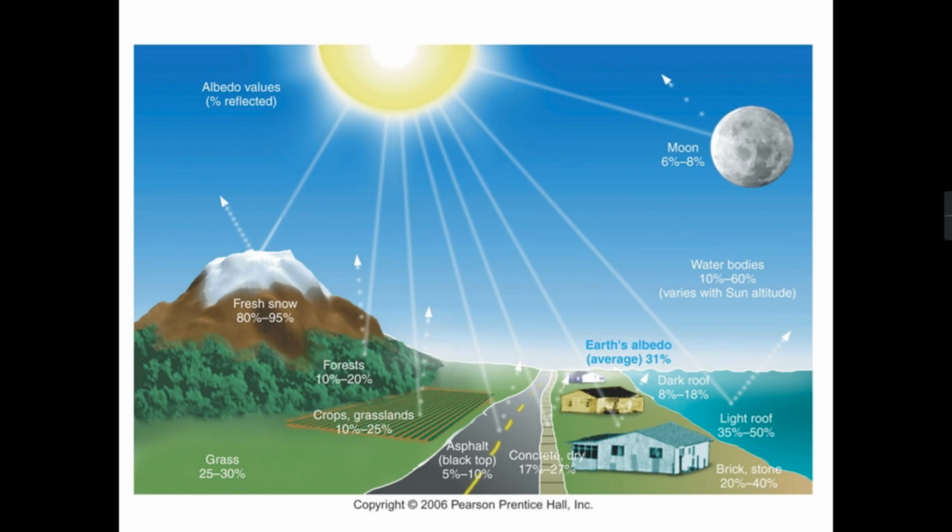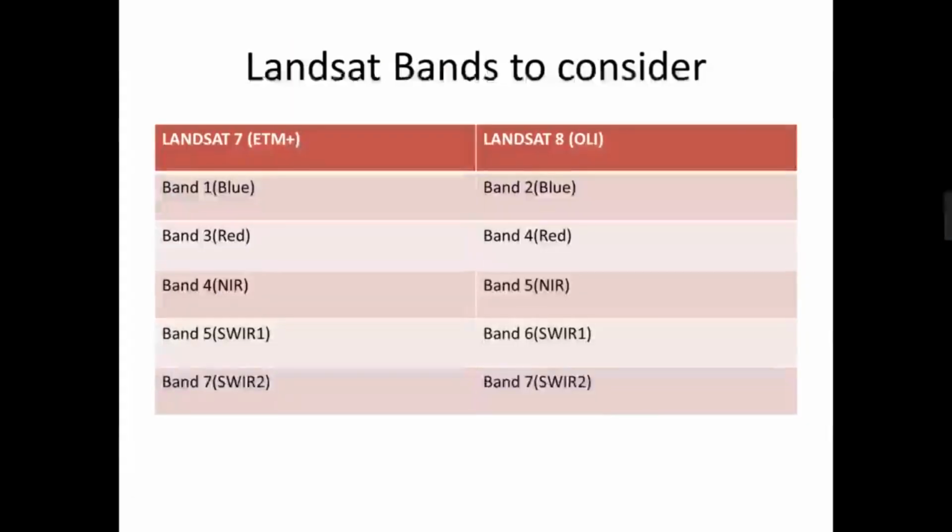So we can see how to calculate this based on the Landsat bands, which we get from the USGS website. I've given two options here. The first option is, if you're going to have Landsat 7 data, then you have to consider these bands of interest for your estimation. Ultimately we're going to use only the blue, red, NIR and the shortwave infrared bands 1 and 2.